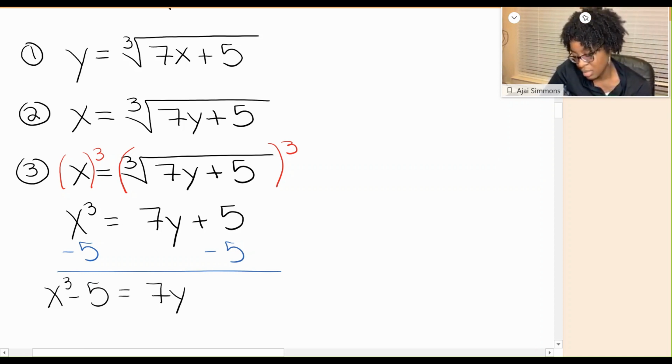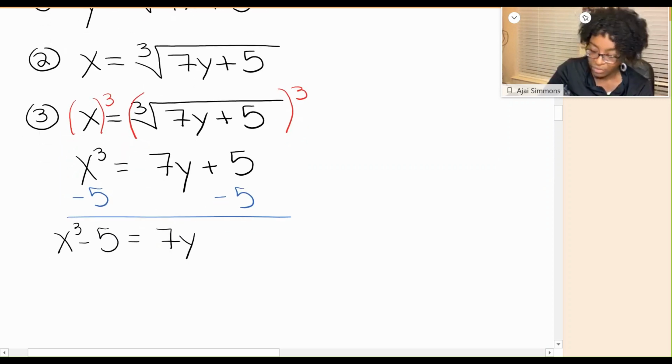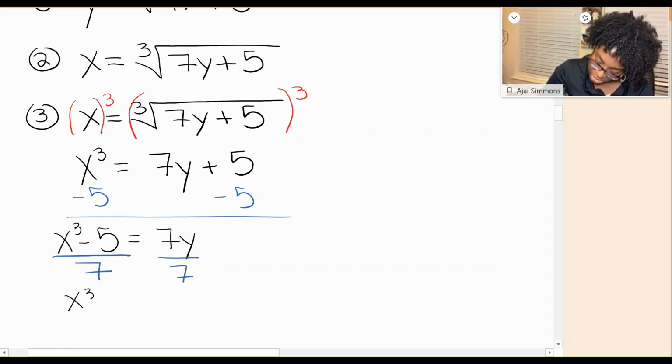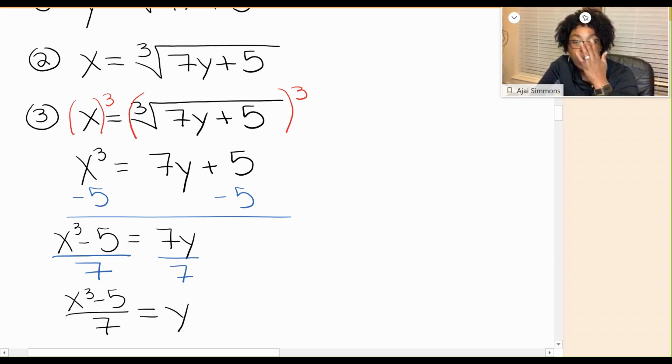And lastly, to get y by itself, divide by 7. And you get x to the third minus 5 over 7 is equal to y. So I got y by itself finally.